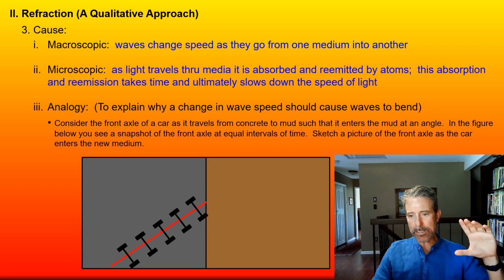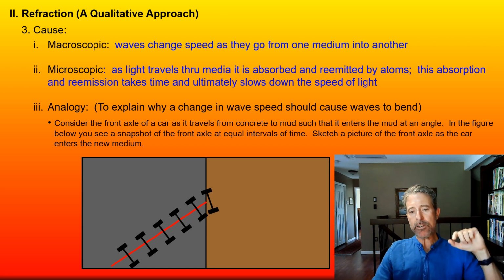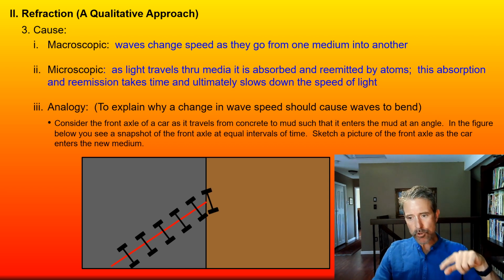In the next interval of time, your right-hand tire, which is traveling in mud, is not going to be able to travel as far as your left-hand tire, which has been traveling in the concrete. The end result is that this is going to cause your front axle to bend. Your car is going to change directions.